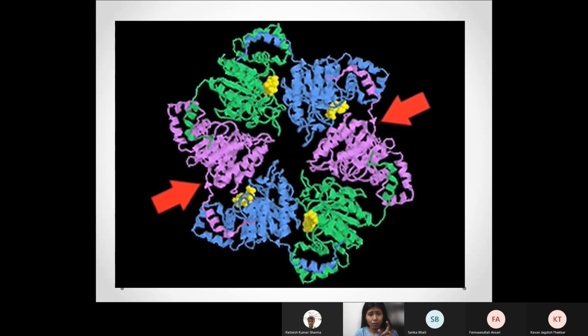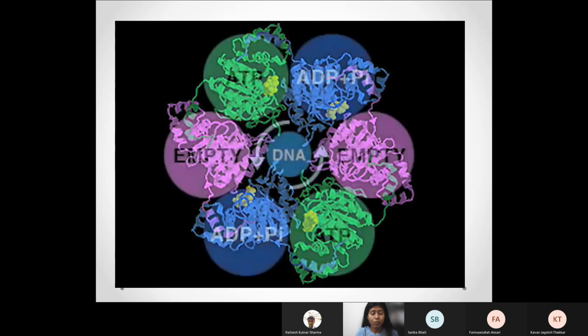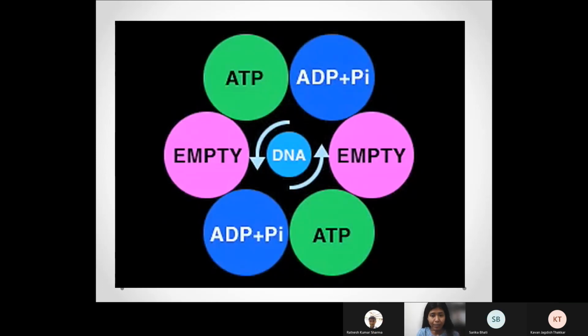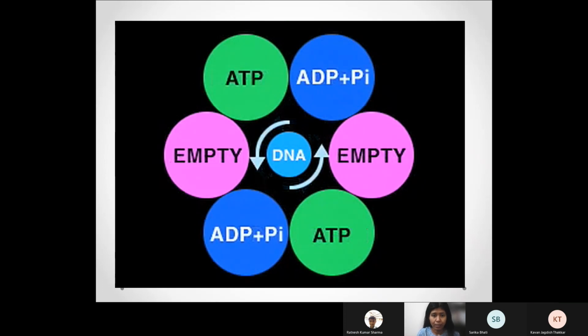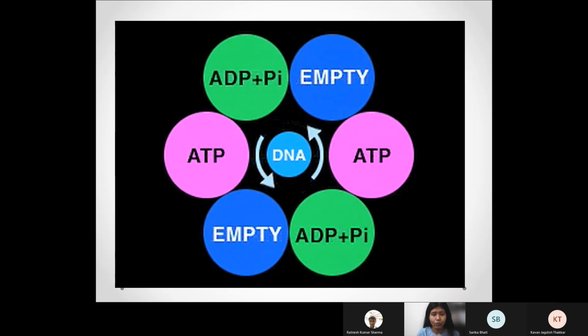What they suggest is that at a time, two of these monomeric units in this hexameric helicase would be either in an empty conformation, that is, they do not have a nucleotide bound to them, or they could be bound to NTP, or they could be bound to NDP plus Pi. And Sarika's question was, is it always the case that you should have two of these bound?